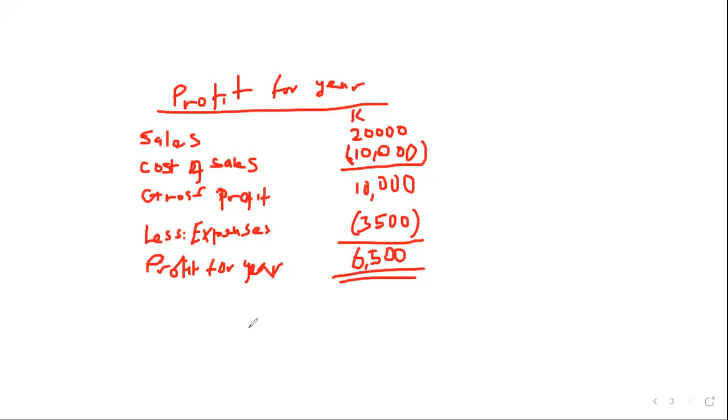Yeah, so this is how we find the profit for the year. It is sales less cost of sales, you have gross profit, then you less any other administrative expenses that you are given, then you have your profit. So this is the format for the statement of comprehensive income.